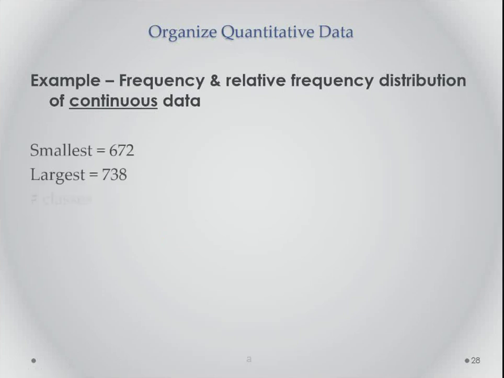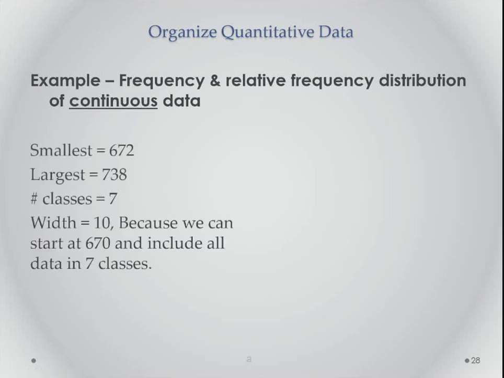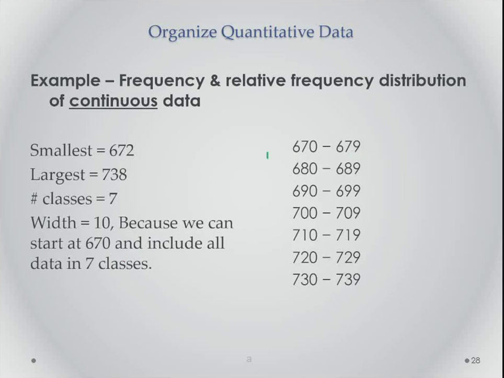Okay, so we have smallest 672. We have 7 classes. We have a width of 10. I'm going to start at 670 instead of 672. I'm going to go down because 670 is going to include my 672. And if I do 7 classes, then I will get all of my data points. So if I start at 670 and go to 679, then I'll include my 672 all the way.